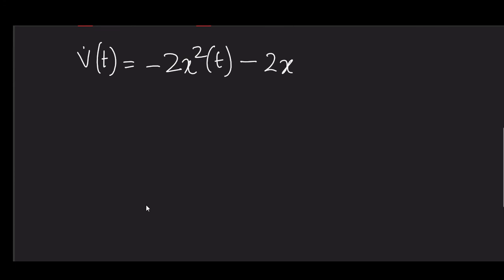So what you will get here is v dot t will be, instead of writing the intermediate steps, I am writing the final one: minus 2 x square t over 1 plus x square t, minus 2 x4 t, plus 2 x(t) e to the t.